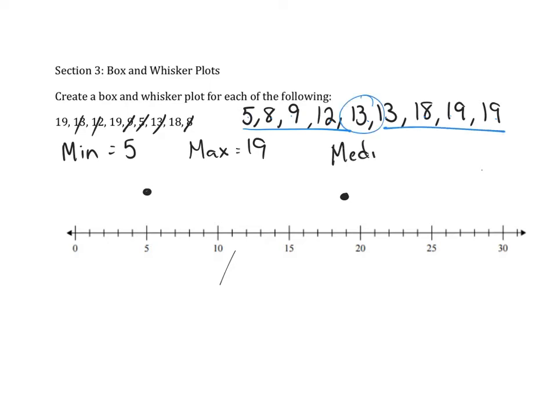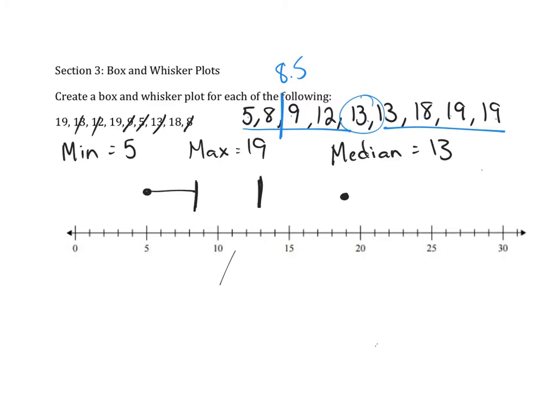And I recommend on your test as well, writing this stuff out in case you make a silly mistake on your graph. We can at least see what number you came up with, and we can give more credit because we know that you know. And then our quartile 1 is going to be between 8 and 9, which will be 8.5. So I'm going to go to 8.5. It's going to be right in between 8 and 9 right there.